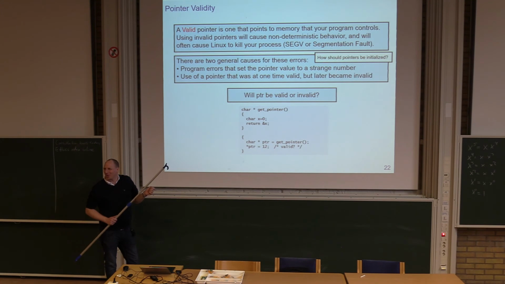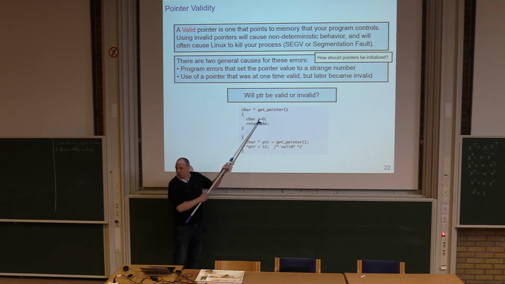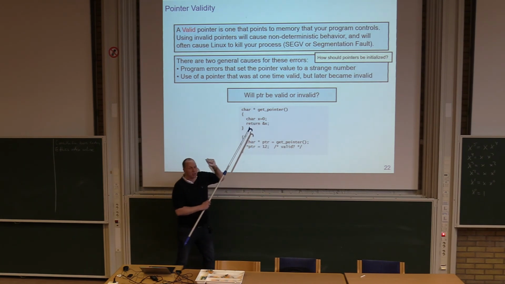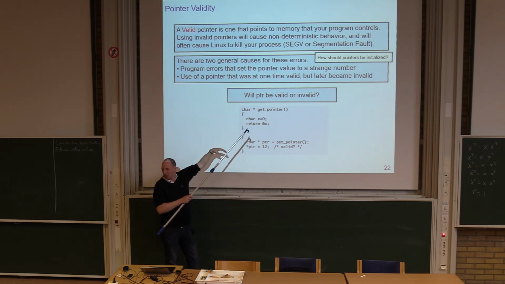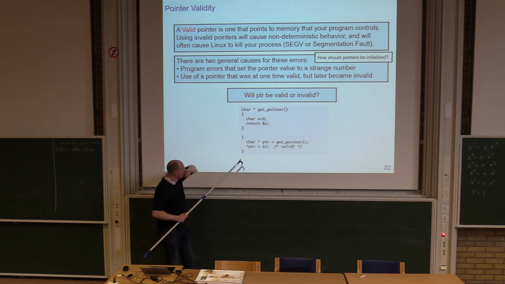Is this a problem or not? Yes, it is a problem, but why? x is local. So x is put on top of the stack, and of course you can get the address to x, but if you call some other function here, new values might be put on top of the stack, so that memory might be reused for some other purpose.